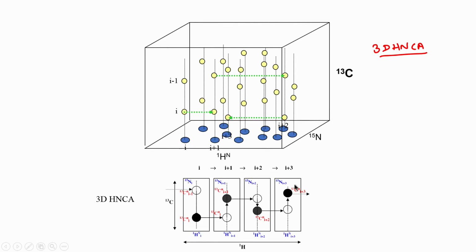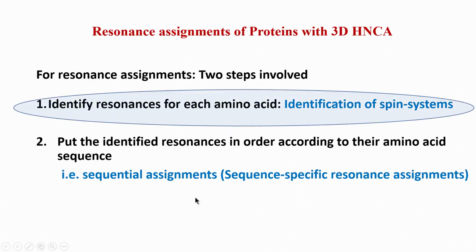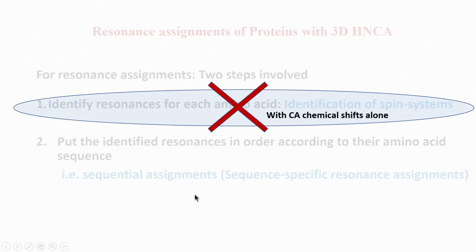Many C alphas of many amino acids all look alike, meaning they come in the same spectral region. So I need to achieve this assignment. What is written here is that with C alpha chemical shifts alone you cannot achieve the identification of spin systems. Therefore, HNCA is not so useful for assignment, in the sense that it does not help us get this part. So how do we improve this?